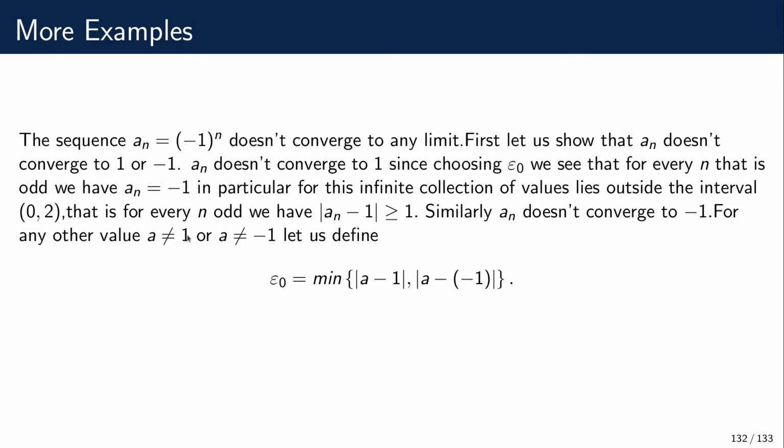If a is neither of those, then this is going to be some positive number, okay? But then choosing this epsilon 0 implies that for every n, because the sequence is either 1 or minus 1, the distance of a_n from a is greater than epsilon 0, and therefore the sequence does not converge.